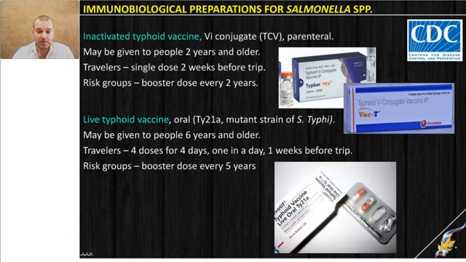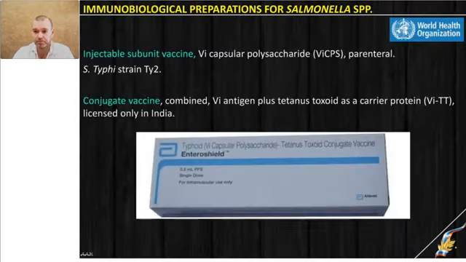If it is required, for citizens of an endemic area or a constant laboratory worker, then a booster dose is required every 2 years for the injectable vaccine and every 5 years for the oral vaccine. And of course, oral vaccines are preferred because the routine route of infection is oral, and local immunity in the intestine will not appear with an injectable vaccine.